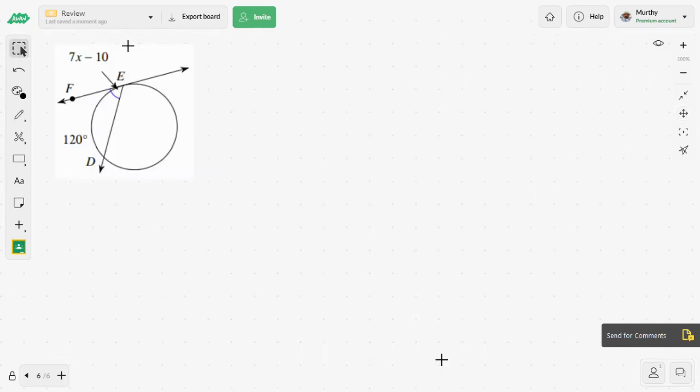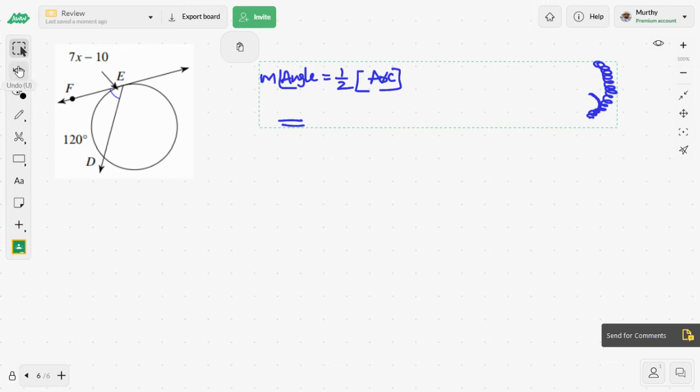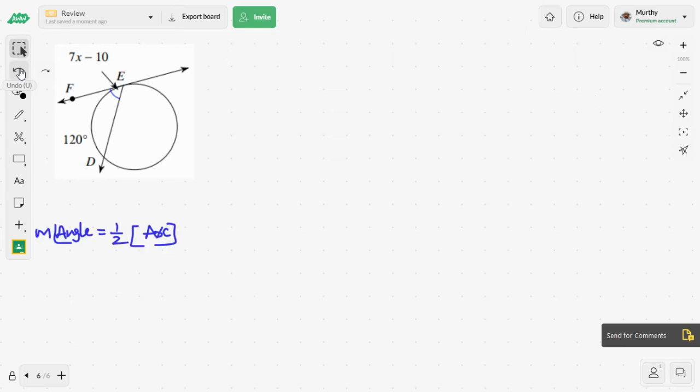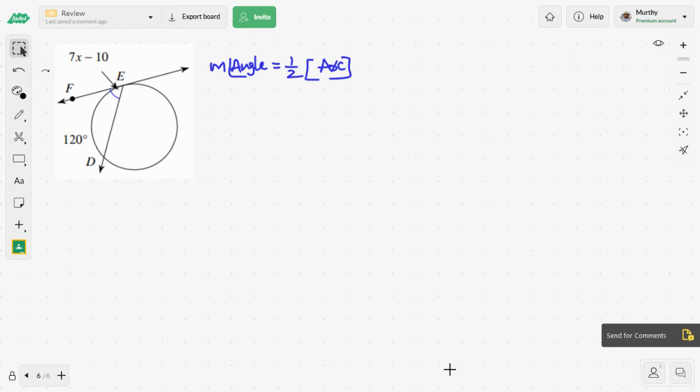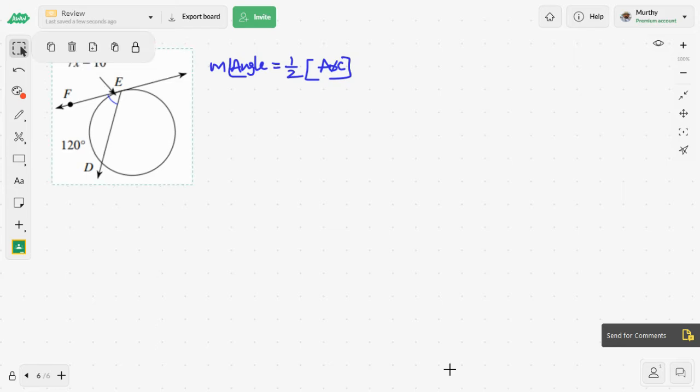Okay, you are given this question and you are asked to figure out what is the value of x. Okay, so let me take my condition, oops, I'm sorry. My apologies. Yeah. So let me take the condition that measure of angle equals half the measure of arc. Therefore, let me identify the right things here.